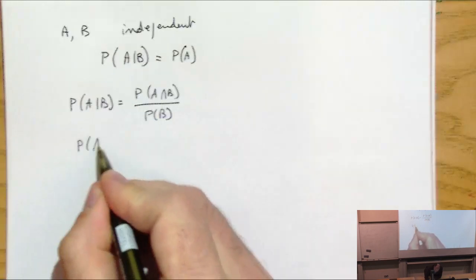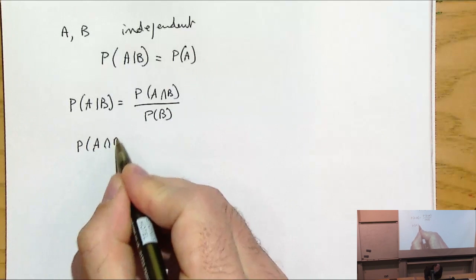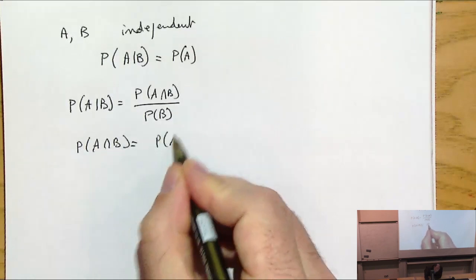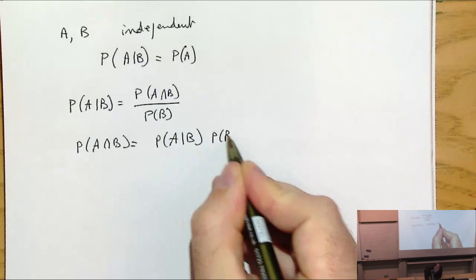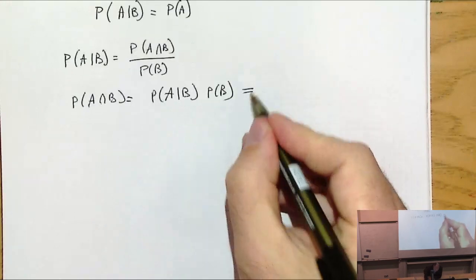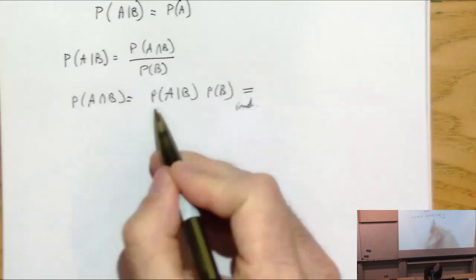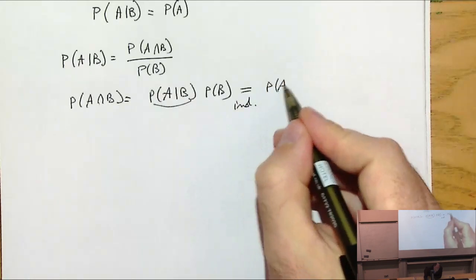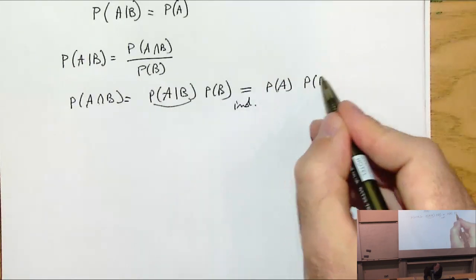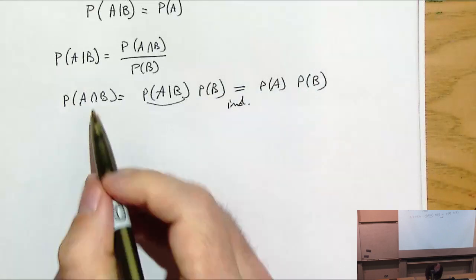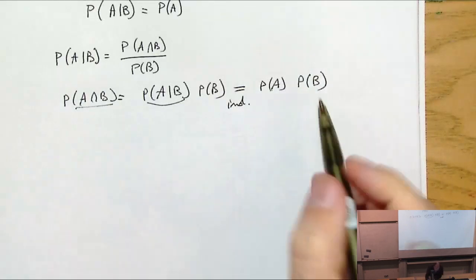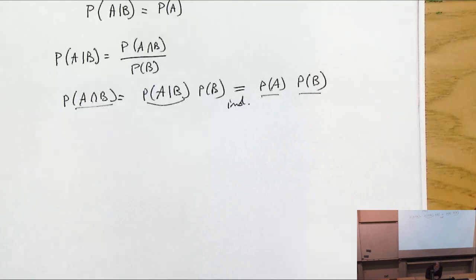So P of A intersection B is equal to P of A given B multiplied by P of B. And now if they're independent, P of A given B is equal to P of A, and we have P of B here. So if the two events are independent, the probability of the intersection is now equal to the product of the probabilities. Okay? Again, that occurs only if the two events A and B are independent.